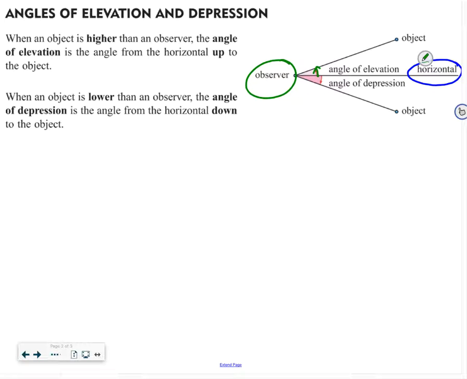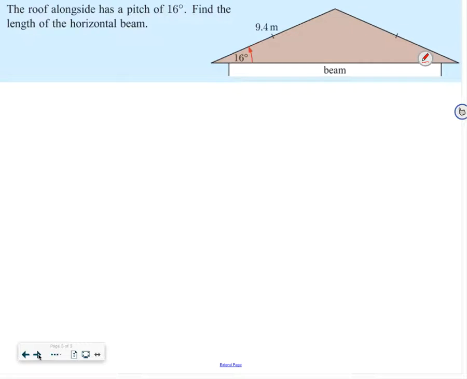The angle of depression is from your observer looking downwards. But always know that your horizon line must be an adjacent side to the angle you're talking about.